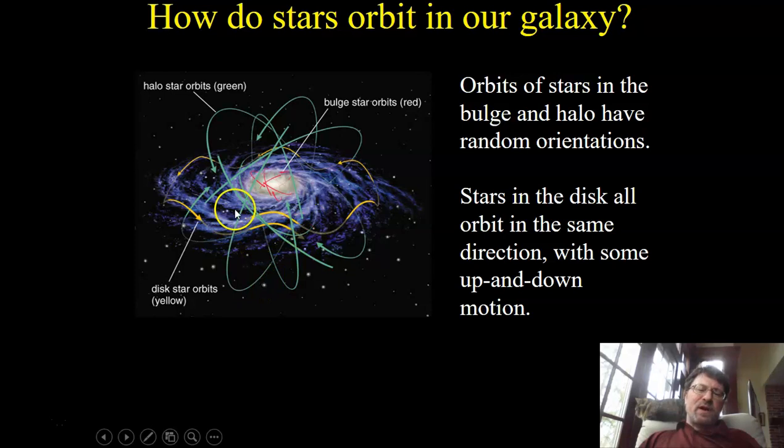Others may be going from the front side to the back. Whereas the stars in the disk, they were all orbiting the same way, counterclockwise, as viewed from this orientation. And so the halo stars have those random orientations, and they also have those orbits that bring them up above and down below the plane of the orbit.